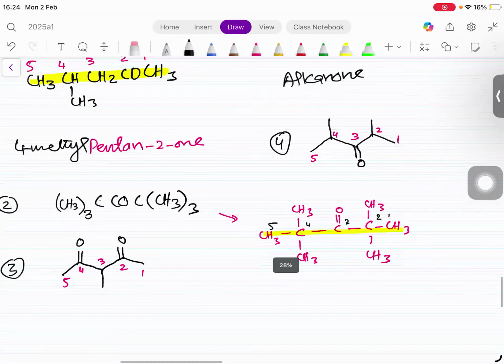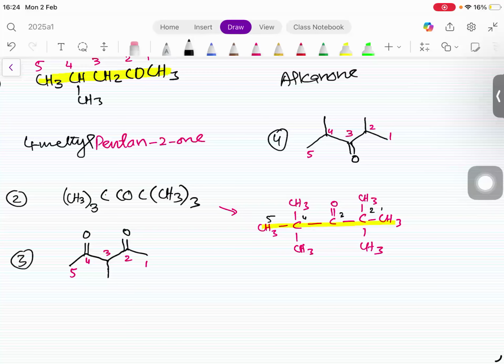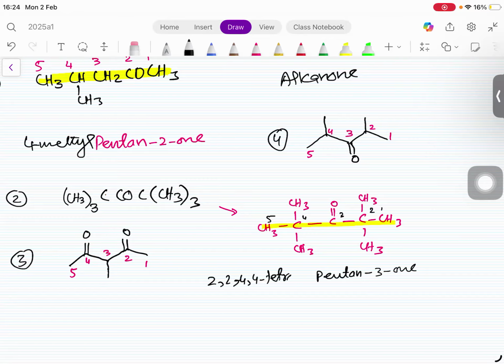What is this? Pentan 3 on. Tetramethyl pentane. Pentan 3 on. And this is 2, 2, 4, 4 tetra methyl. Sir, the third one is 3-methyl pentane 2,4-dione.